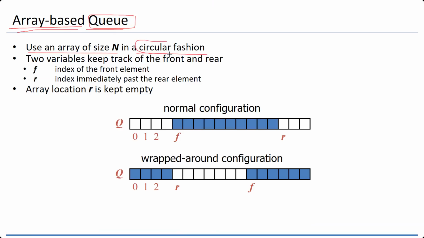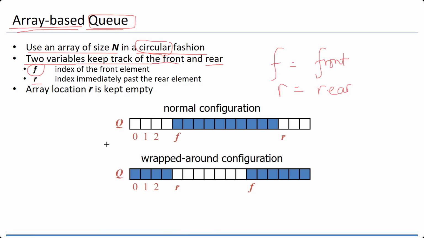We call it circular or cycle. We have two variables to keep track of the front and rear. So F represents front, R represents rear.